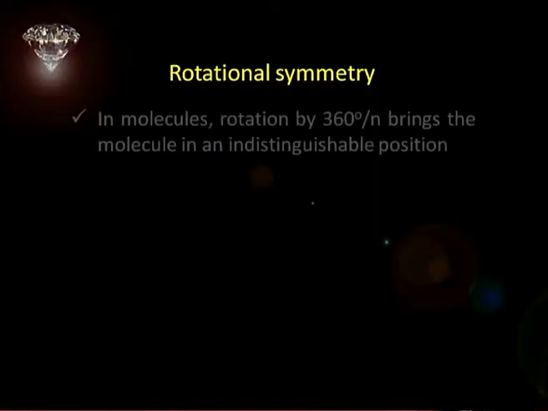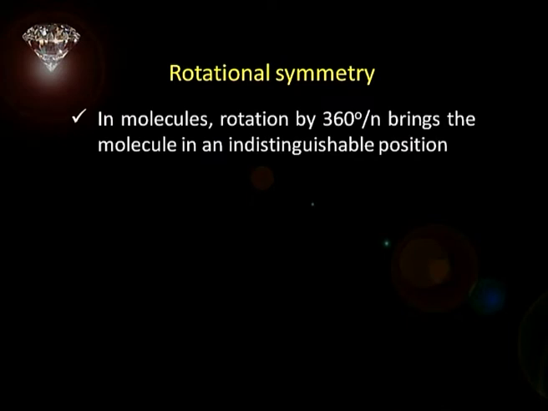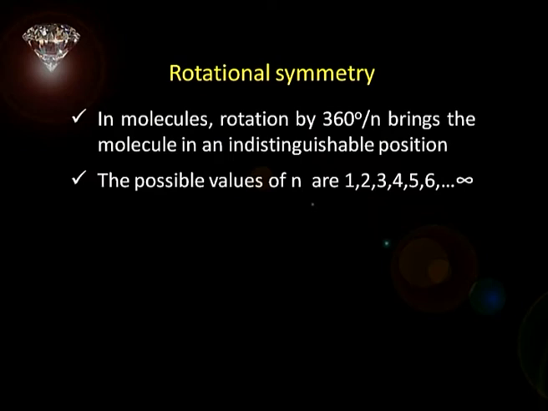What we find is that, as in molecules, crystals also show similar kinds of symmetries. We recall that in molecules, a rotation by 360 degrees by n brings the molecule to an indistinguishable position. That shows what is called Cn. The possible values of n in molecules are 1, 2, 3, 4, 5, 6 up to infinity, all possibilities.